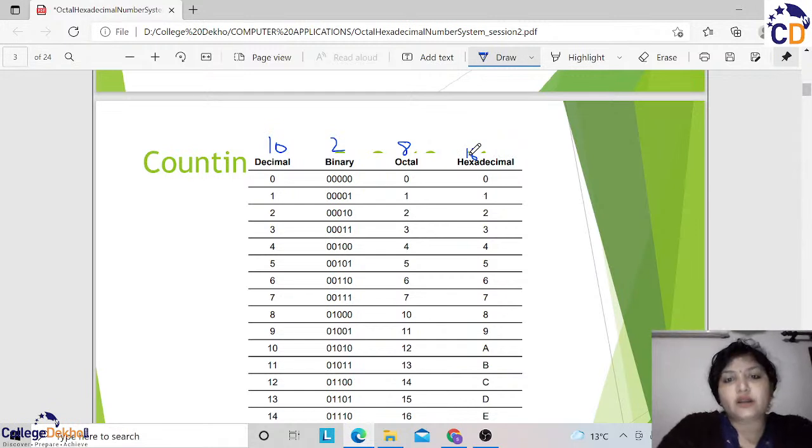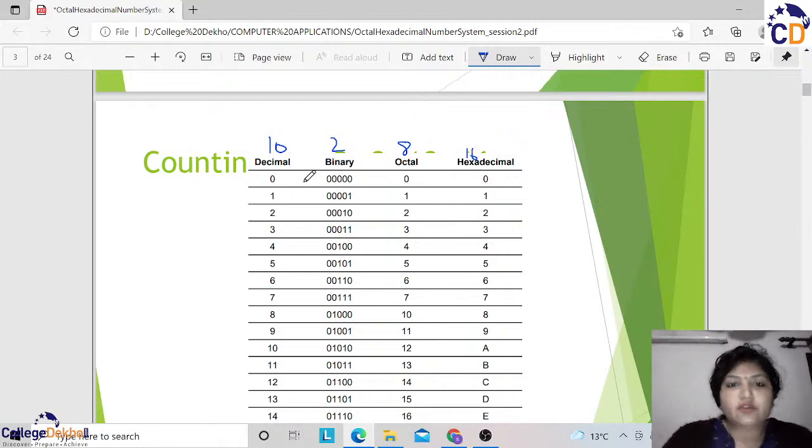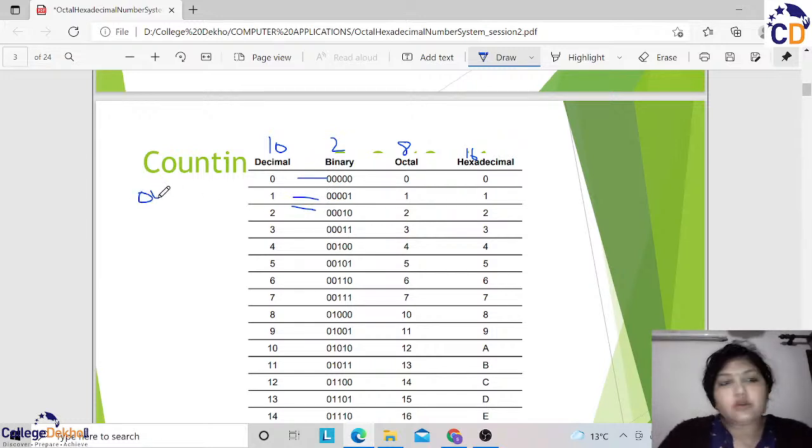Now the main part: how to derive the binary number for representing 0, 1, 2 and 3. The simple method for students to learn the binary representation of any number is that you have to learn only these four numbers: 00, 01, 10 and 11.